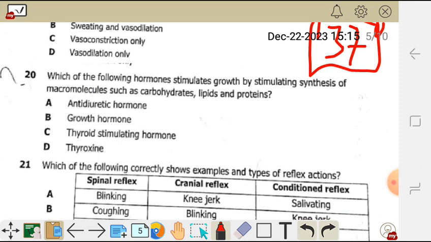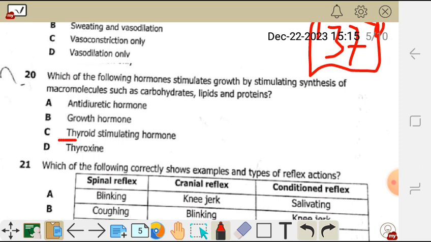It goes to most parts of the body and stimulates them. For example, in the bones, it stimulates the bone cells to differentiate and cause the bones to elongate, and the body is going to grow.